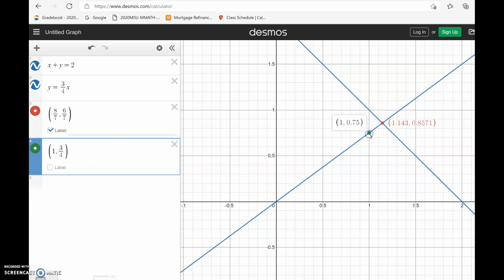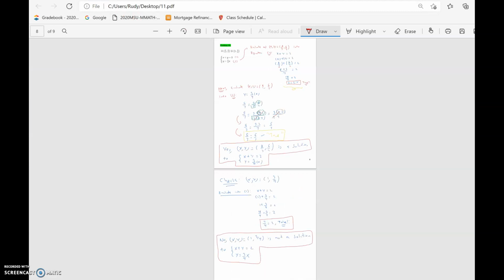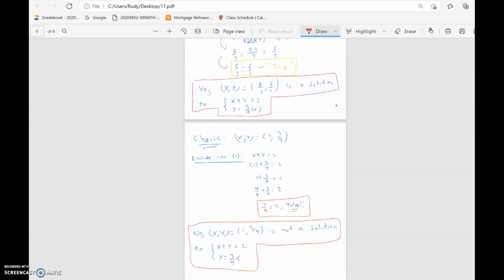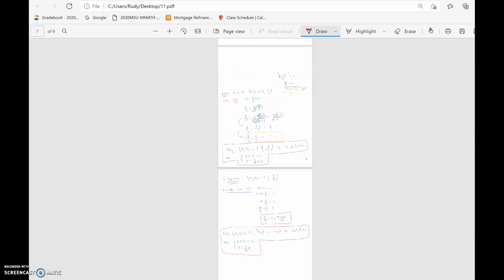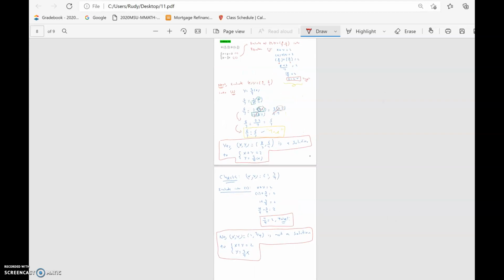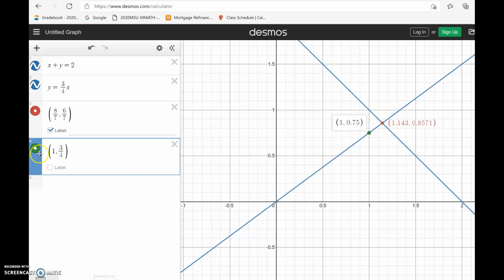That's because it's not in the intersection. So this is 1, 3/4. It's not in the intersection. Algebraically, we just checked one equation. It gave us a false statement. You don't have to check the next one. The main idea here is that solutions to systems are the coordinate points where the graphs intersect.